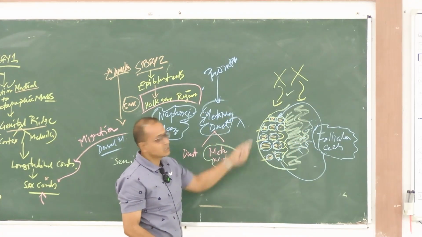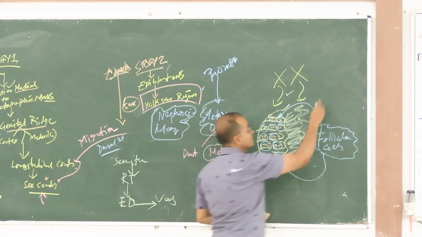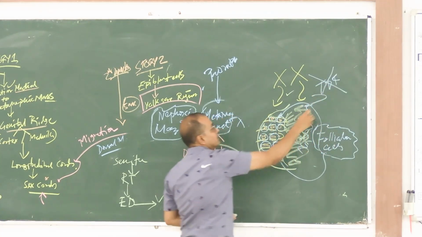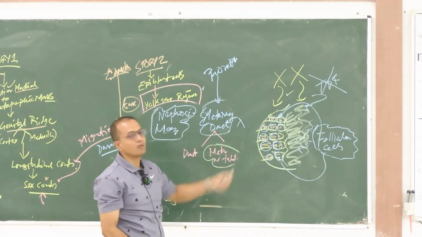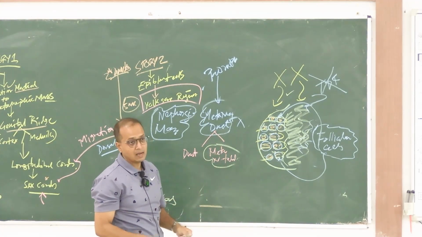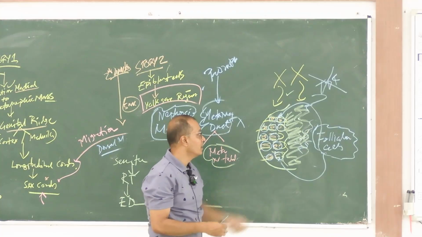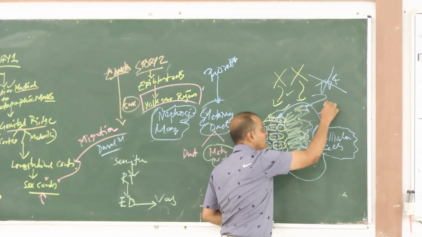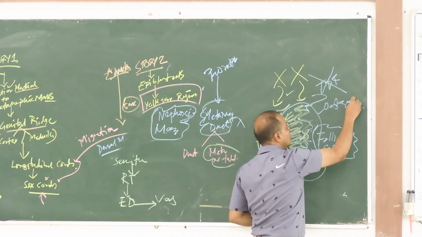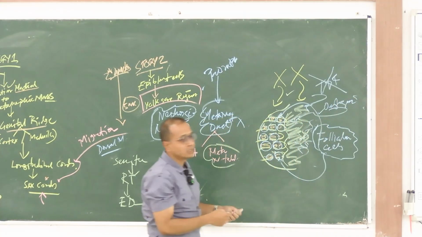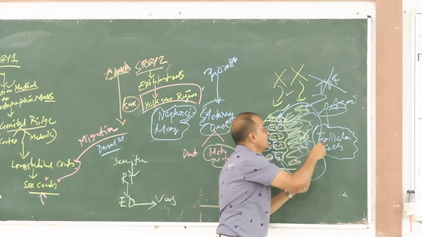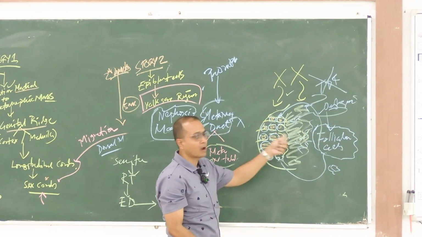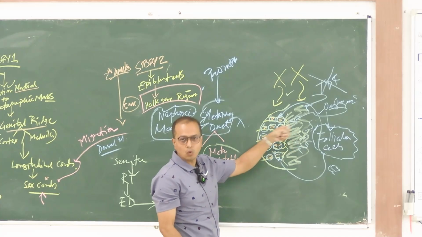So this is happening in the absence of TDF. So with no TDF, the genital ridge transforms like this, and later on, once these things are formed, it starts to secrete a female hormone, estrogen, and that estrogen stimulates these follicular cells to form bigger follicular cells and form the primordial follicle, primary follicle, and so on.